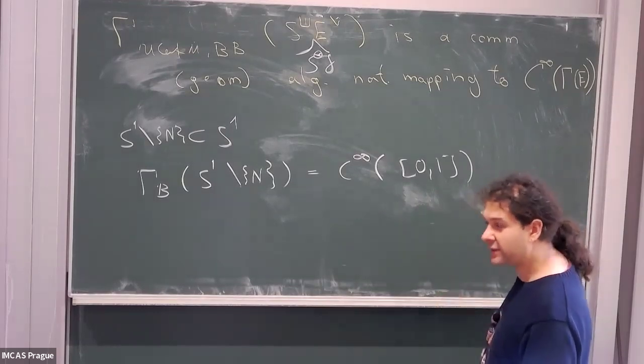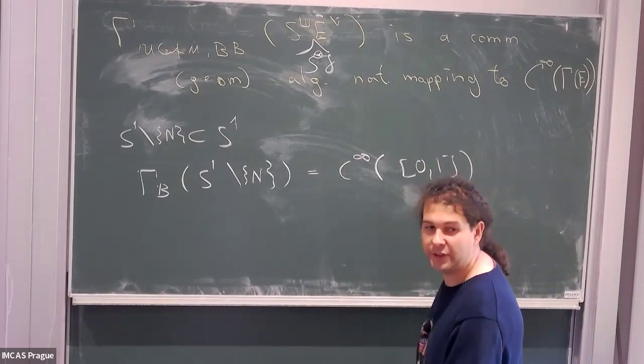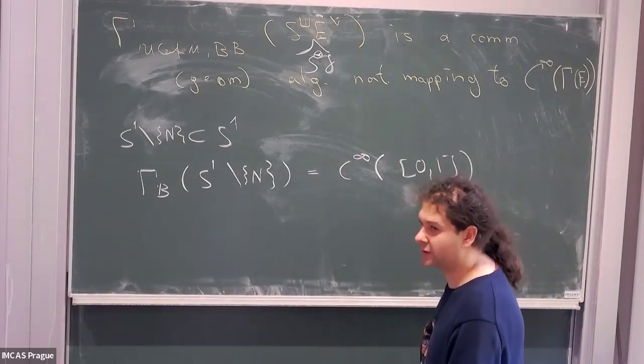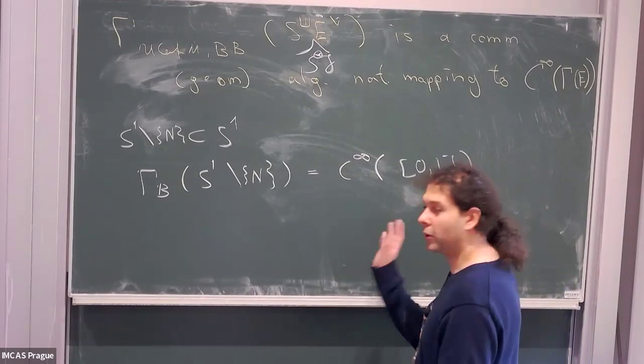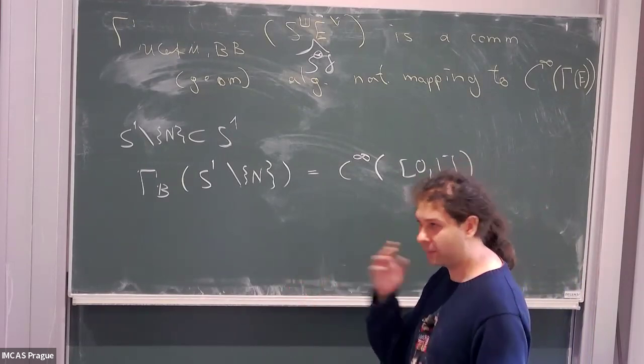Yes, some very mild distributional behavior, which is essentially that of a jump discontinuity. Okay, so those we can model.